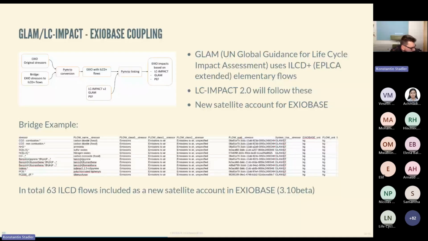For that, we built a bridge from our Exiobase stressors to these flow names. So in the next Exiobase release, there will be a new satellite account which describes flow name, flow class 1, 2, and this UID for the stressor, consistent with this EP-LCA LCD framework.